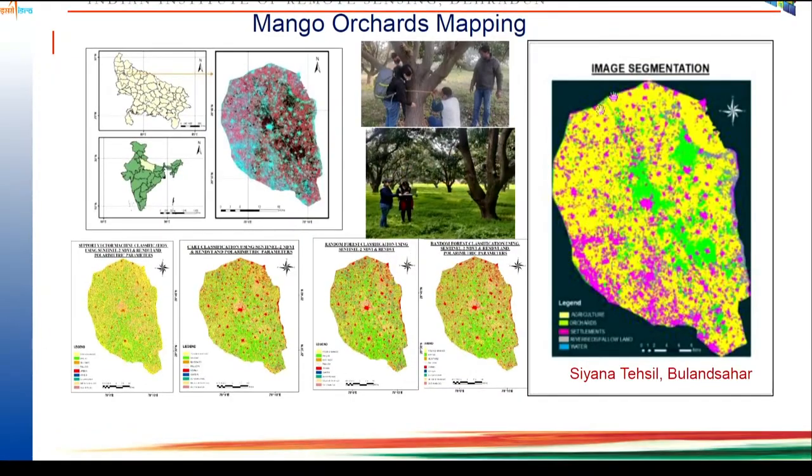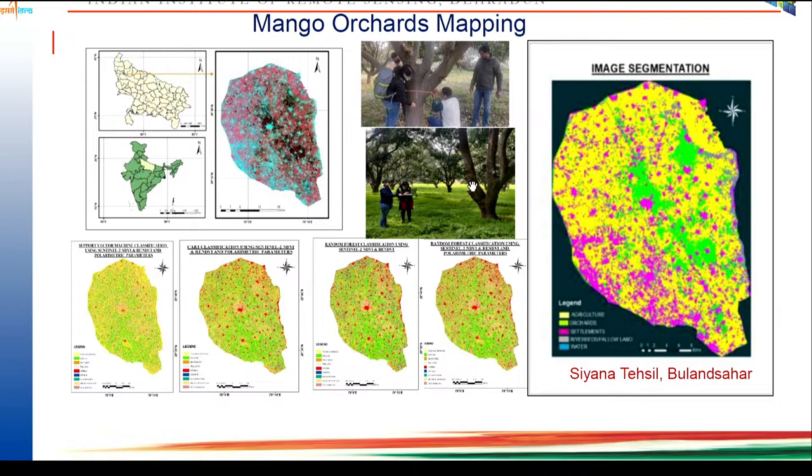You see one example here, mango orchard. With the advanced technique of machine learning algorithms and image segmentation, one can detect where mango orchards are. Old orchards and young orchards we are able to map with the support of ground truth.